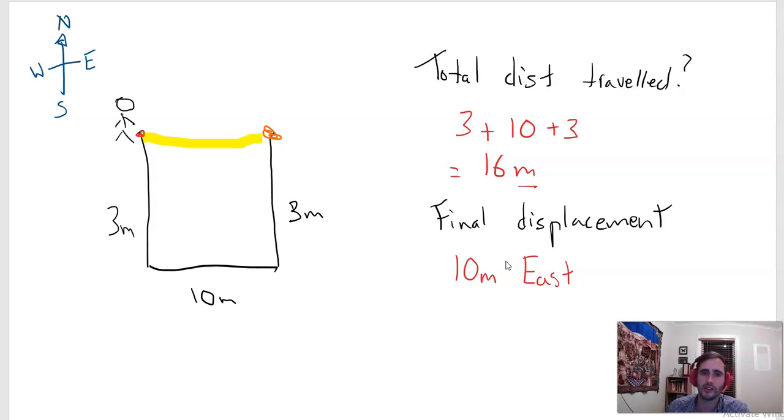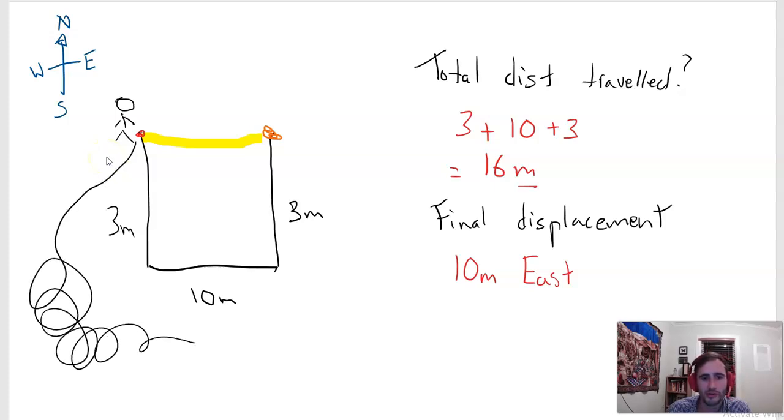Distance is like, you could take a huge path. You could go all the way over here, do heaps of loops and stuff. You could do 17 kilometers or whatever, and he ends up here. But his final displacement is that he's only 10 meters east. Okay? So that's a really important sort of consideration to come to when we're looking at some problems later on.